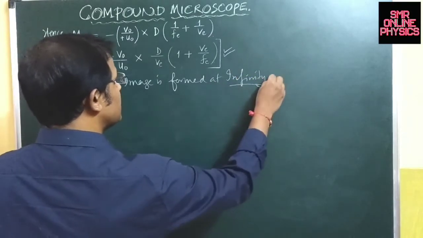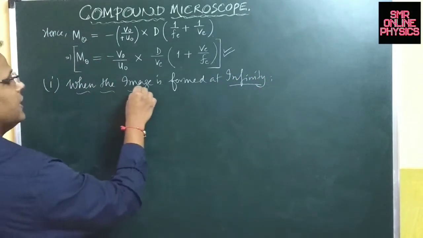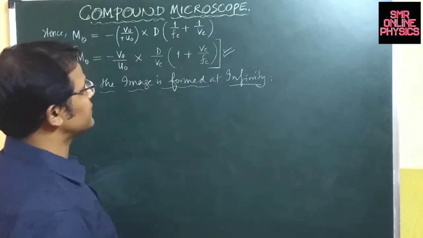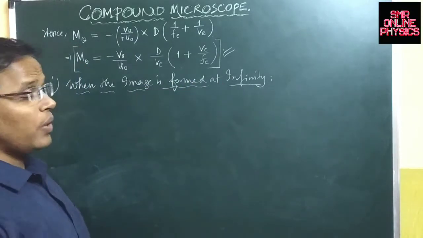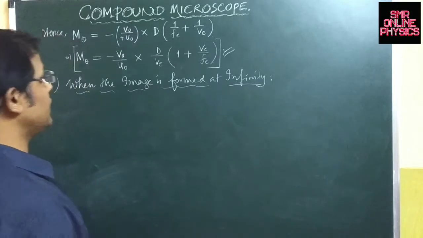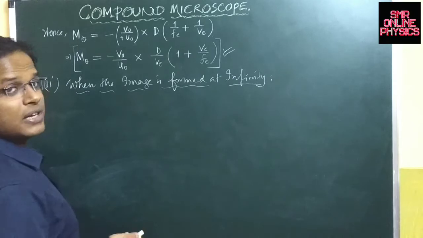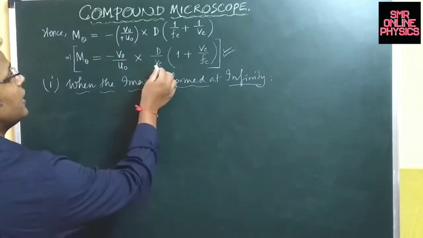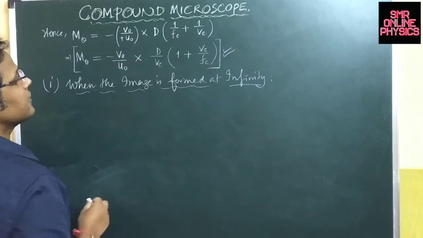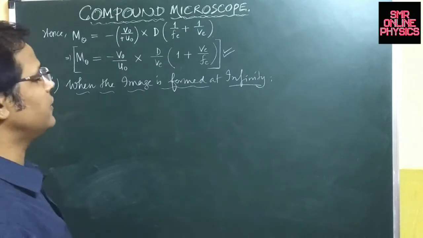When the image tends to be formed at infinity, it means that the image distance has turned out to be infinity. So VE should be equal to infinity.